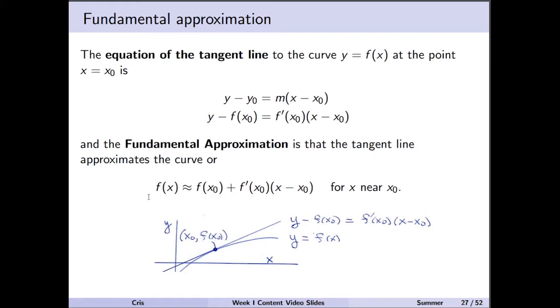So this is a very important fundamental approximation for us, that f of x is approximately equal to f of x naught plus f prime of x naught times x minus x naught for x near x naught. This is the fundamental approximation of the curve by the tangent line or by the function by this polynomial of degree 1.